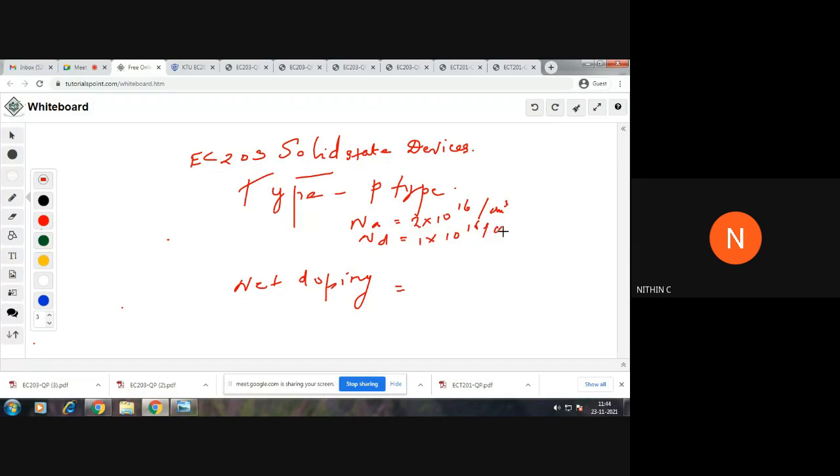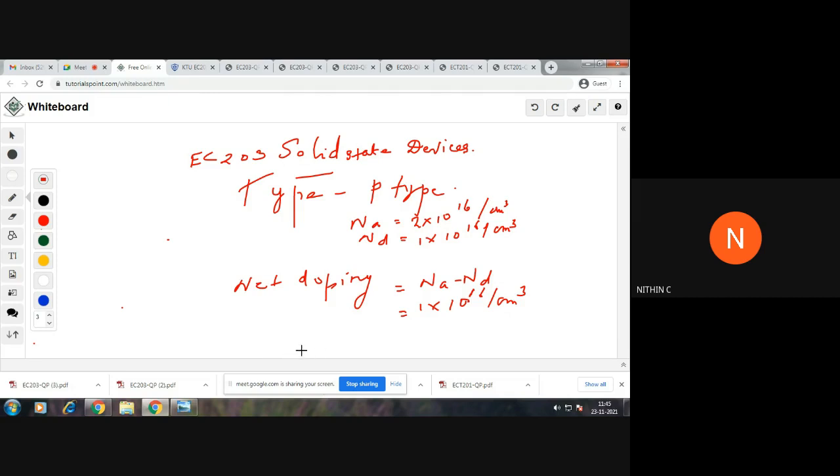So net doping will be the greater value minus the smaller value. That is Na minus Nd will give you the net doping. So what will be the value? 1 into 10 raised to 16 per centimeter cube. This will be the net doping.